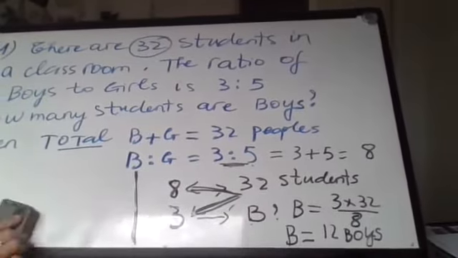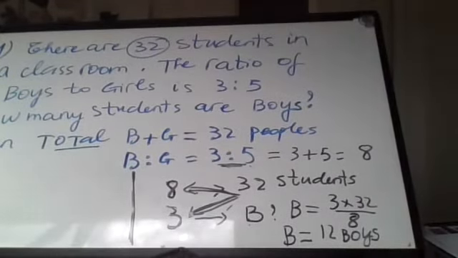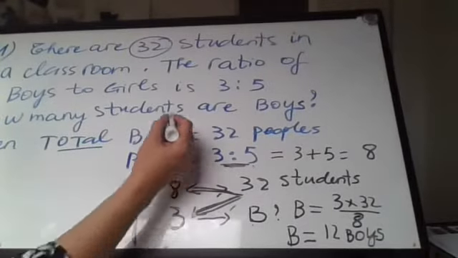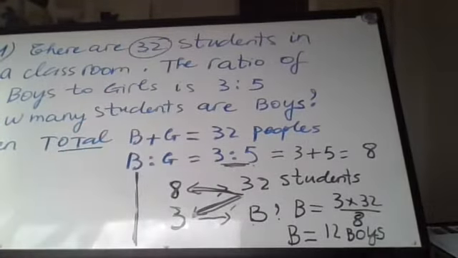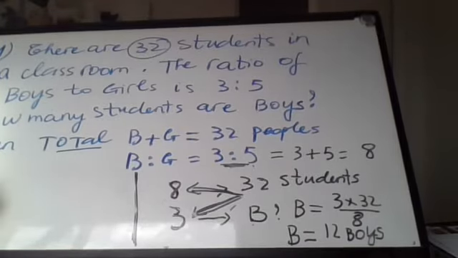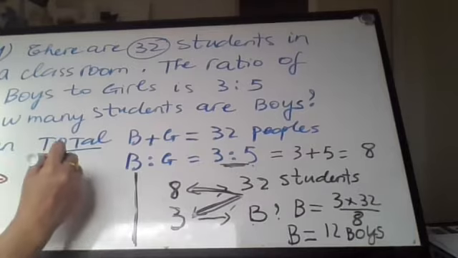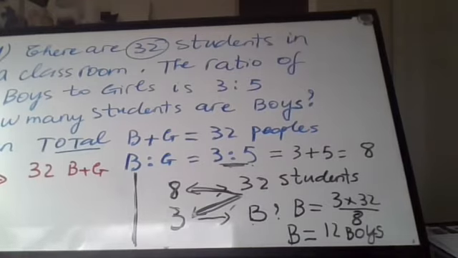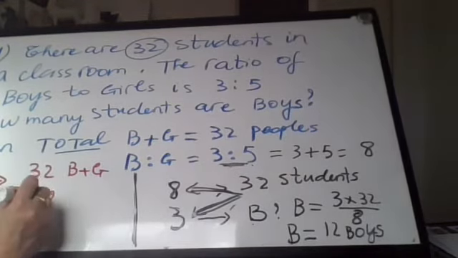Okay, so now let me be clear again. You just read the word problem and you know that the total portion is A portion. A portion represent 32, both boy and girl, right? So then if it's 3 portion, how many boys are there?